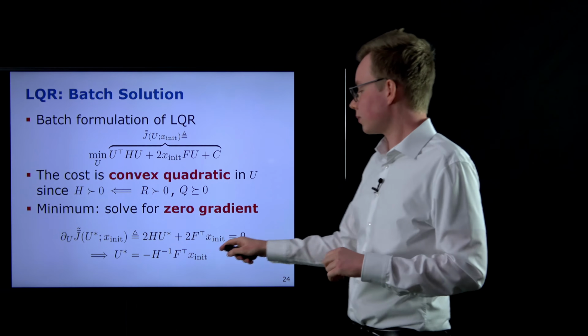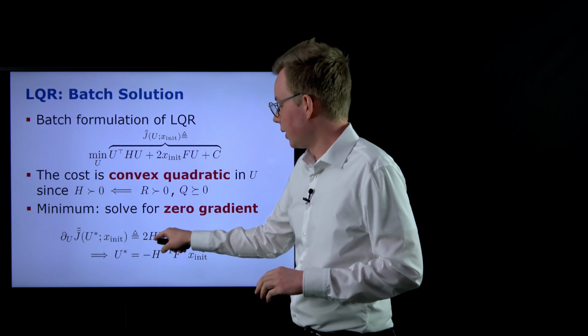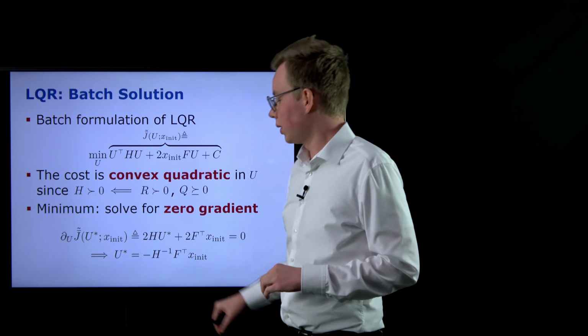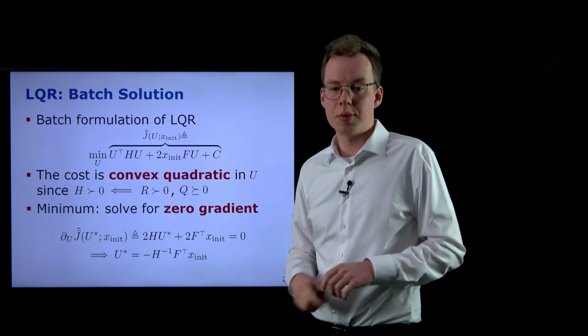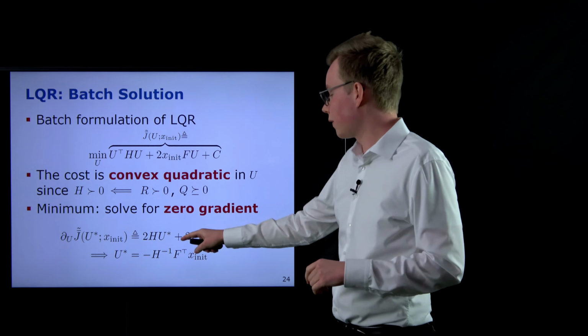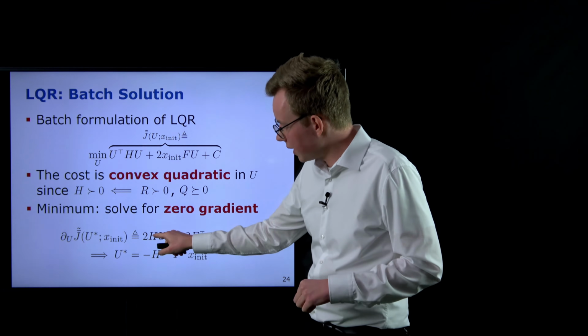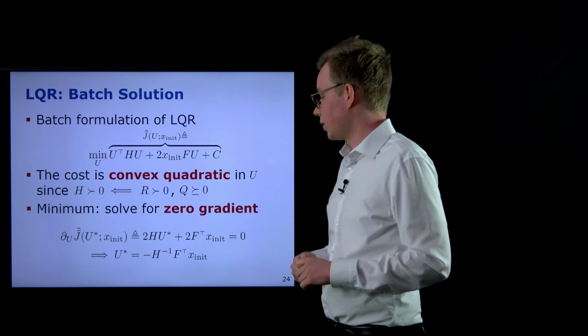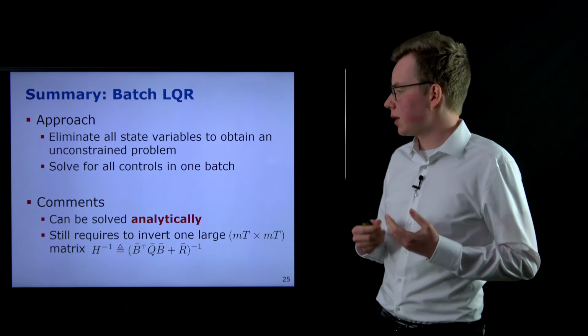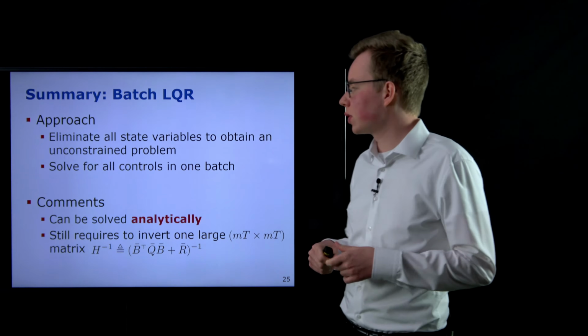That will involve bringing U star, the optimal controls we are looking for, to the side. We need to take the inverse of H in order to do so. Okay, that concludes the section on the batch approach to LQR.